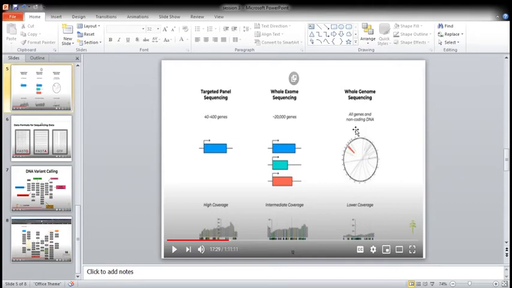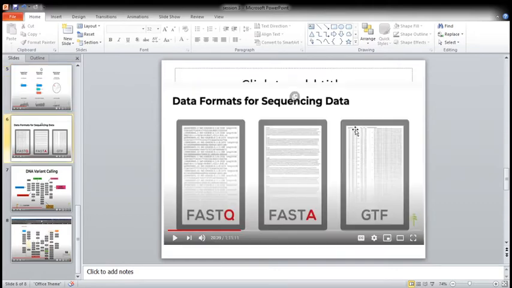So again, we went ahead to talk about the data formats for sequencing data, whereby we have three formats: the FASTQ files, the FASTA files, and the GTF files. The FASTQ files have quality reads.